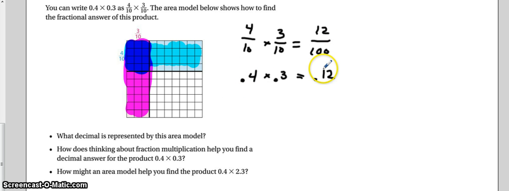If we know that 12/100ths in decimal form looks like 0.12, then we know that 12/100ths as a fraction would look like this. So it's easy if we just slow down and think about it. Understanding the distinction between fractions and decimals, and the relationship between the two, will actually make multiplication easy.